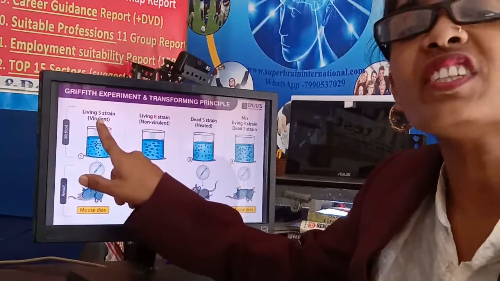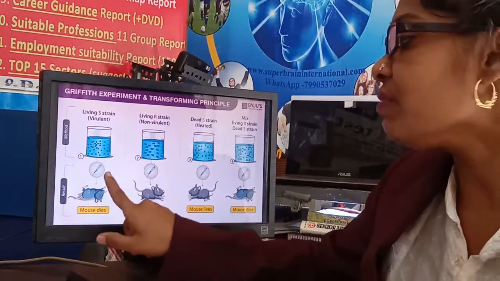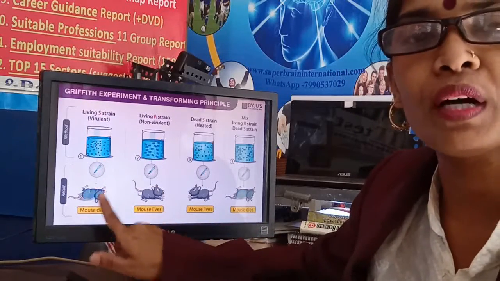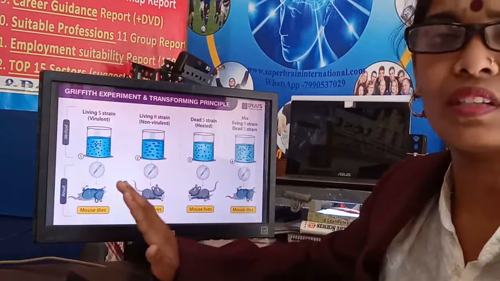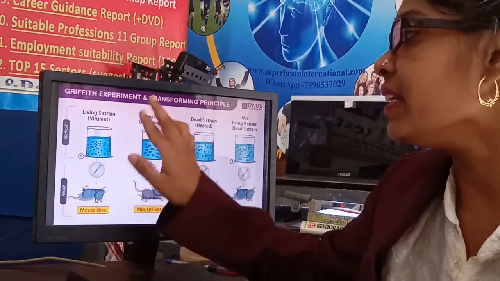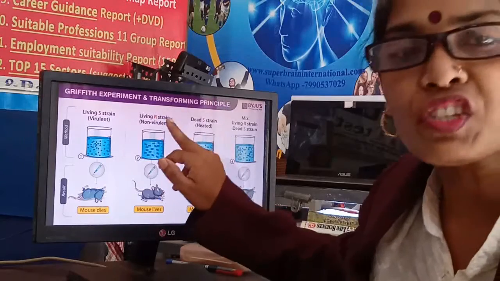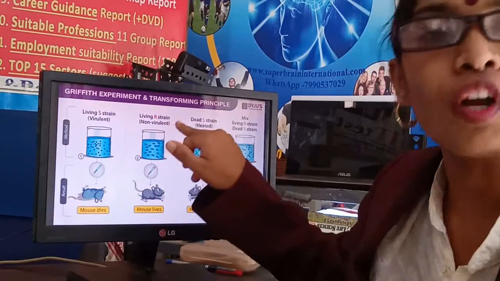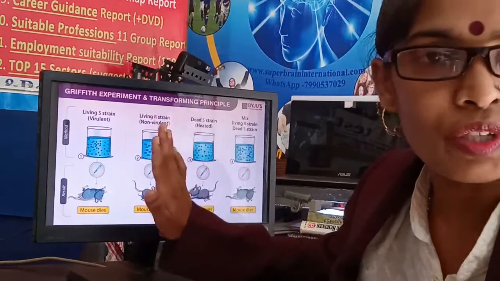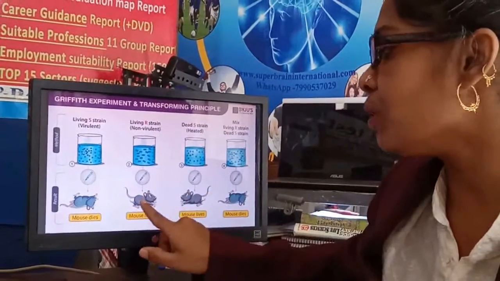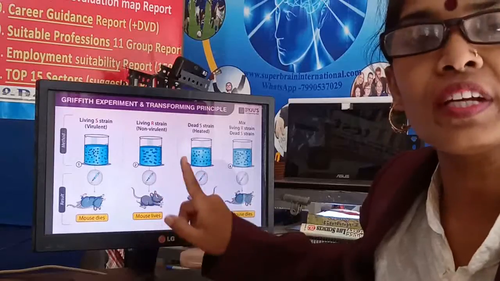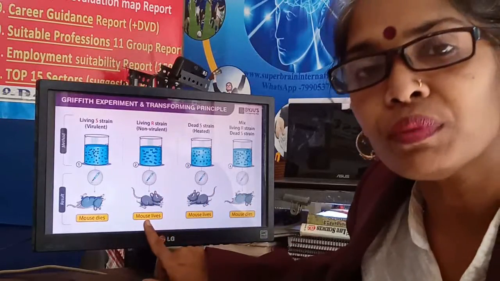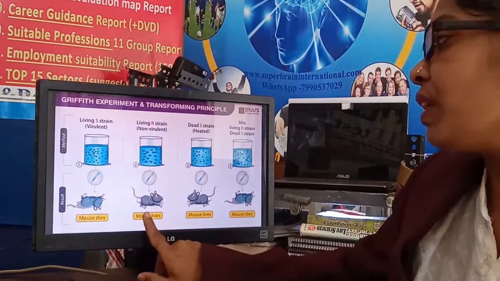As it is a virulent strain, it causes pneumonia and the mouse died. This is the first step. Then the second step: he took the living R strain, which is non-virulent and does not cause pneumonia. He injected it into mice, and the mice survived.